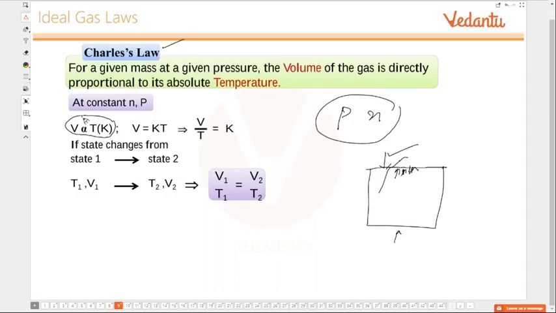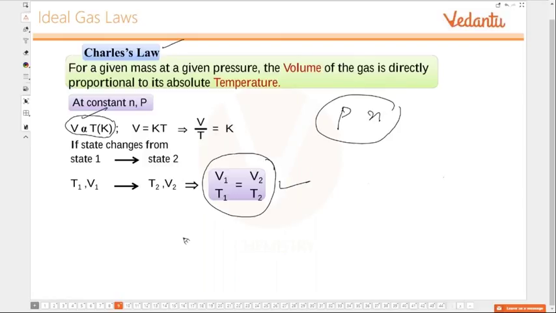Now similarly, as in the previous case, if the state changes from initial to final state, V1 and T1 are the initial volume and temperature, V2 and T2 the final, and then you will get this simple relation: V1 by T1 is equal to V2 divided by T2. This is regarding Charles' law.